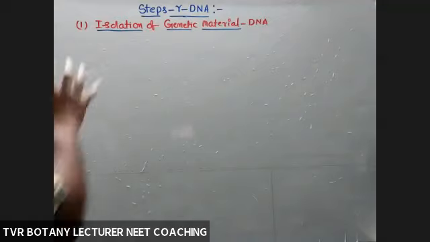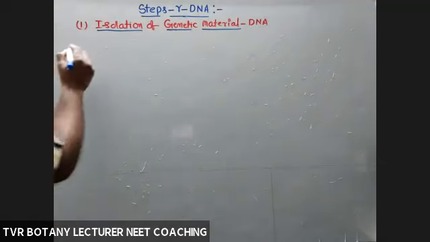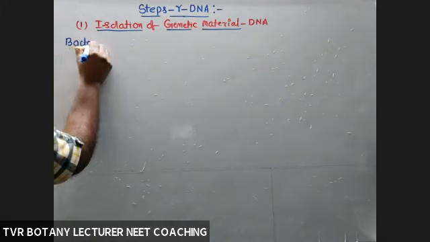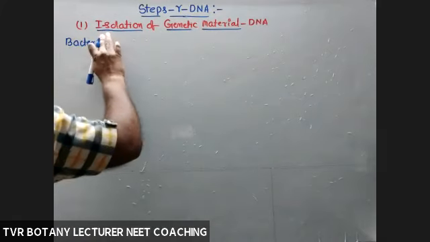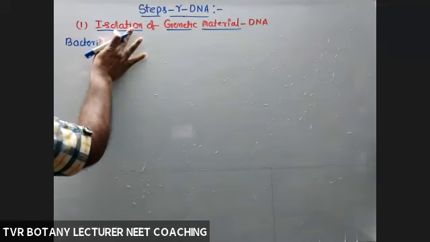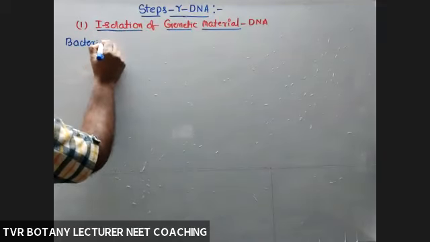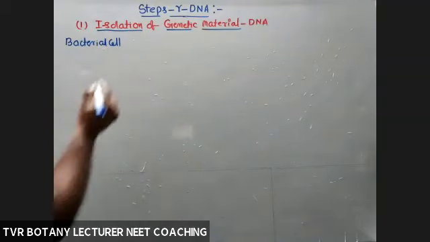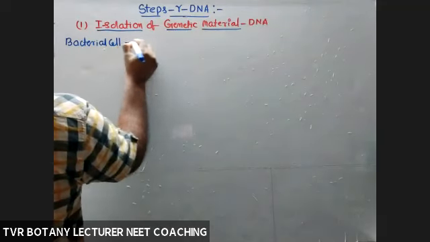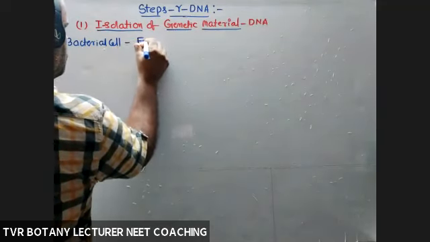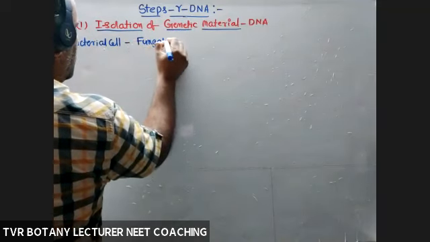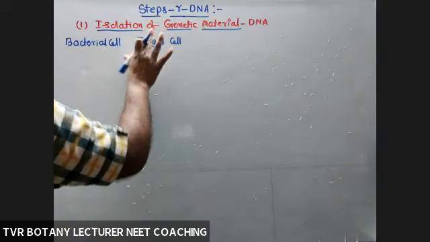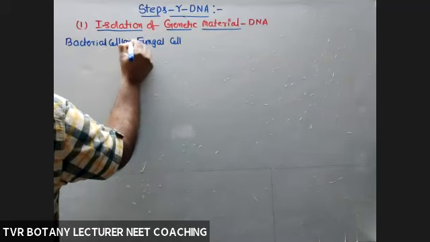So first, here I'm taking a certain number of cells. First one, bacterial cell. If the source DNA is a prokaryote, better take a bacterial cell, one bacterial cell or a certain number of bacterial cells. Next one, fungal cell, fungi. Take any one, either a bacterial cell or fungal cell or plant cell or animal cell.